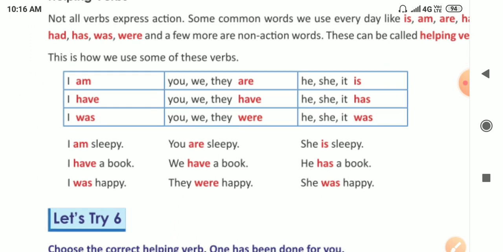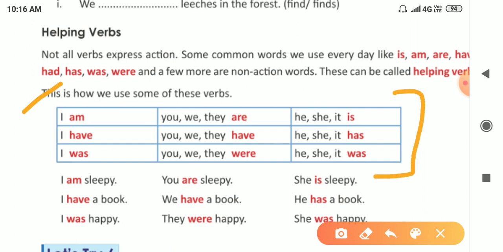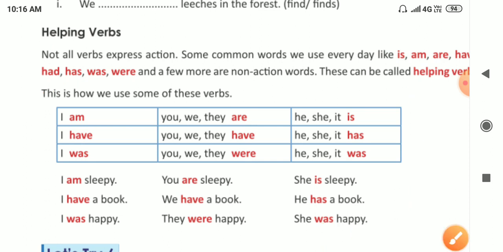Here, this is how we use some of these verbs. Students, you have to learn this one table carefully. With I, we use am, like this, I am.